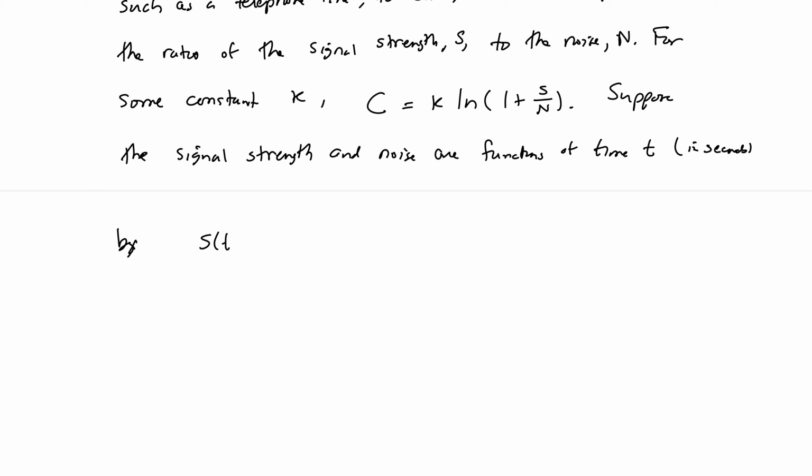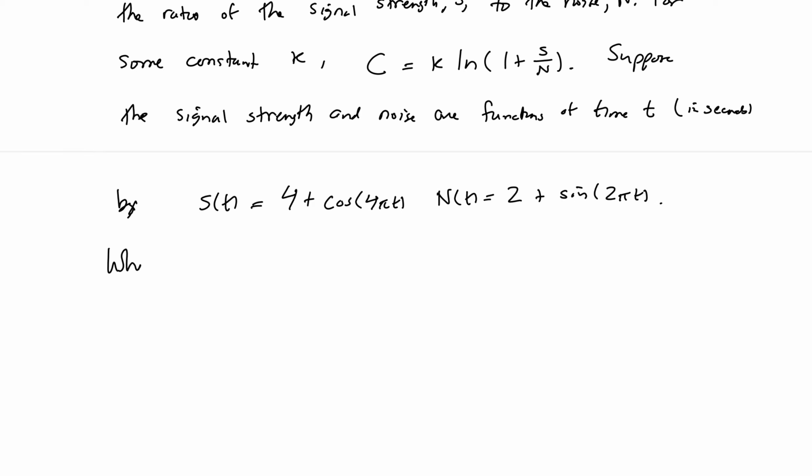And these equations are going to be S of t is 4 plus cosine of 4 pi t, and N of t equals 2 plus sine 2 pi t. So let's say, what is dC/dt 1 second after the transmission started?